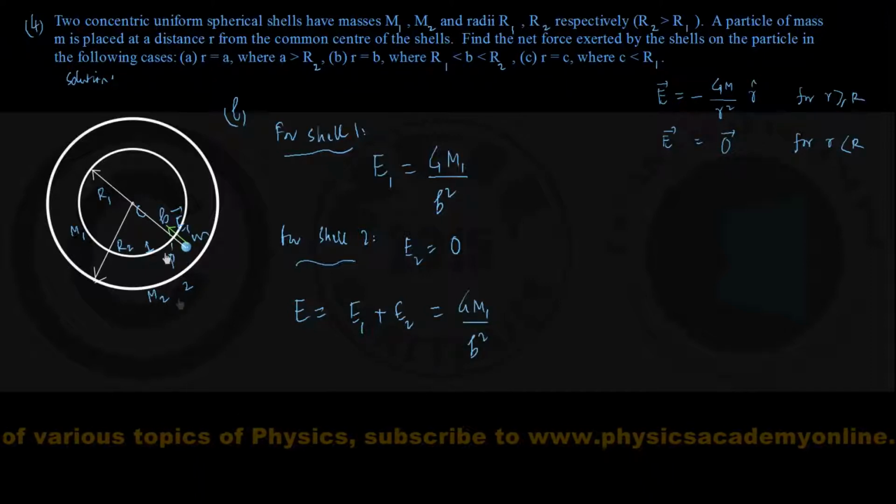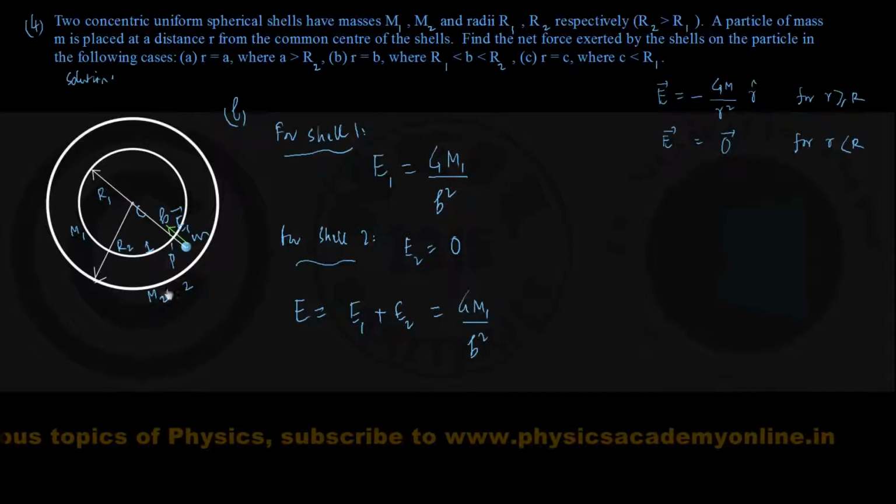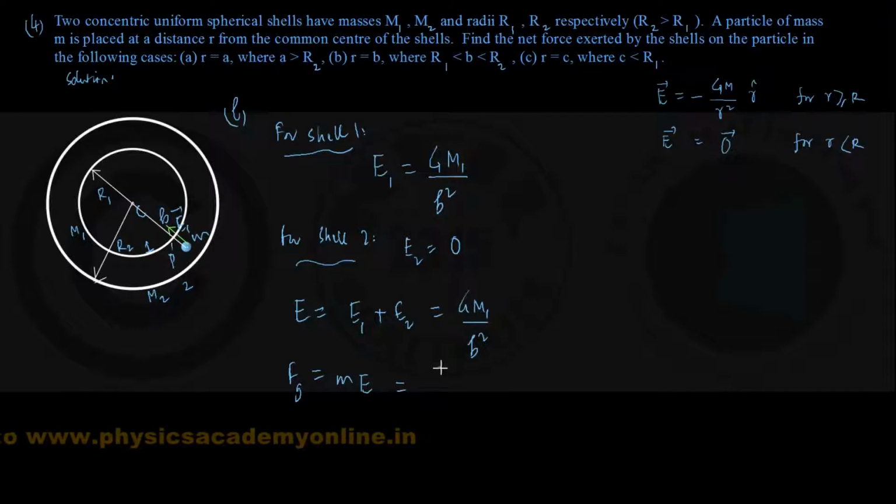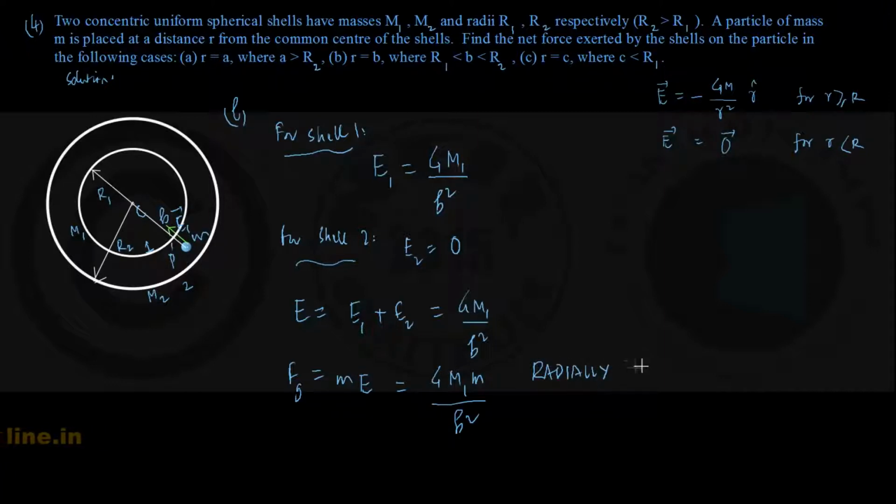And therefore, my conclusion is that the gravitational force experienced by the particle of mass m will be Fg equal to the mass of the particle into the gravitational field at its position p dash, that is coming out to be G into m1 into small m divided by b square. Direction is radially inwards, that is towards the common center C.